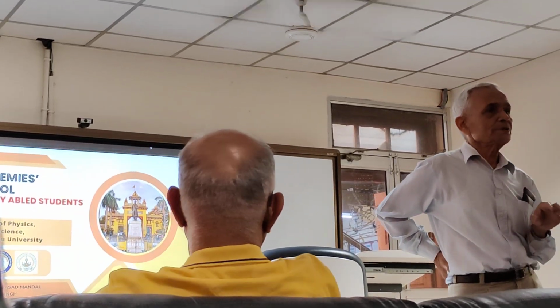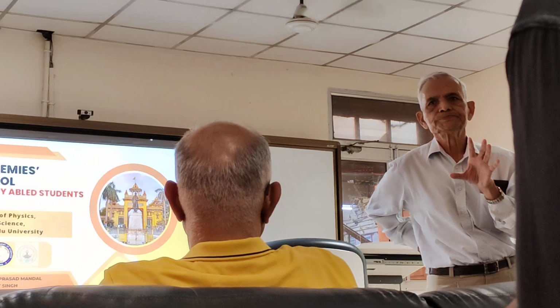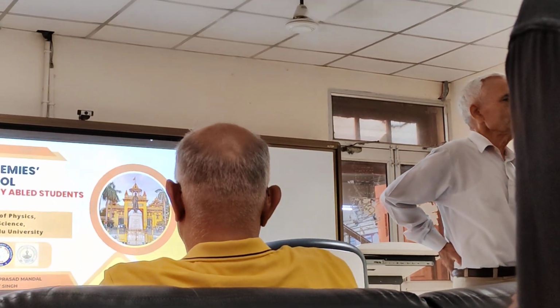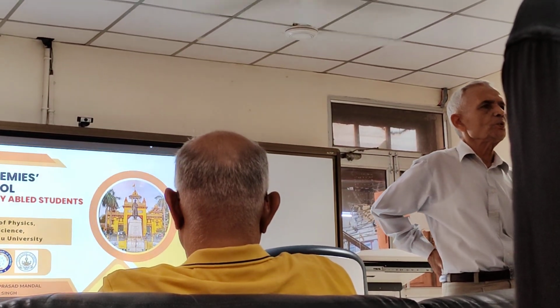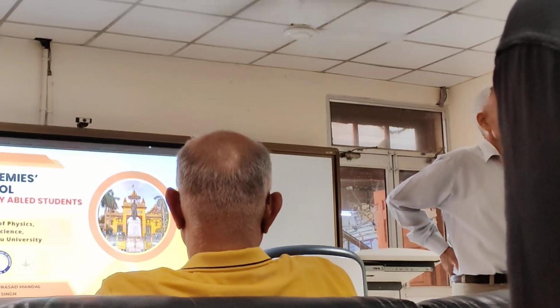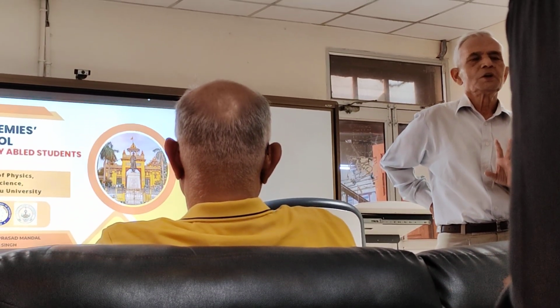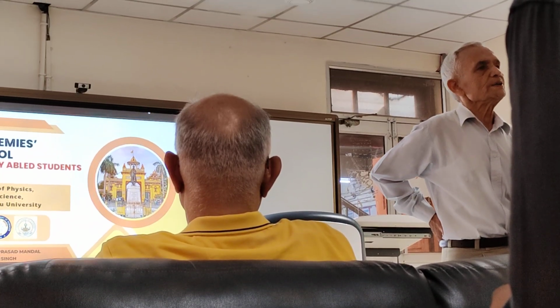In quantum mechanics, the basic principle is that you cannot predict, you can only talk in terms of probability. So when you solve the Schrodinger equation, you take the psi, and through psi you calculate the probability of finding the electron. So there is a term, probability density.